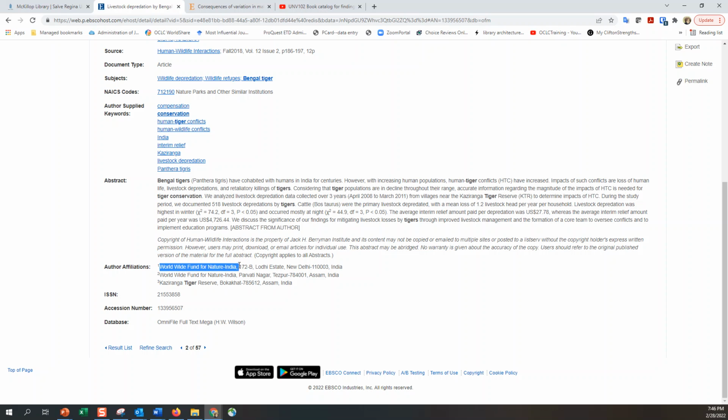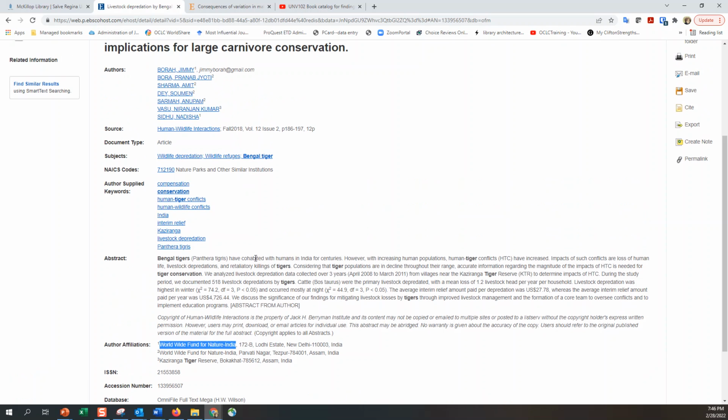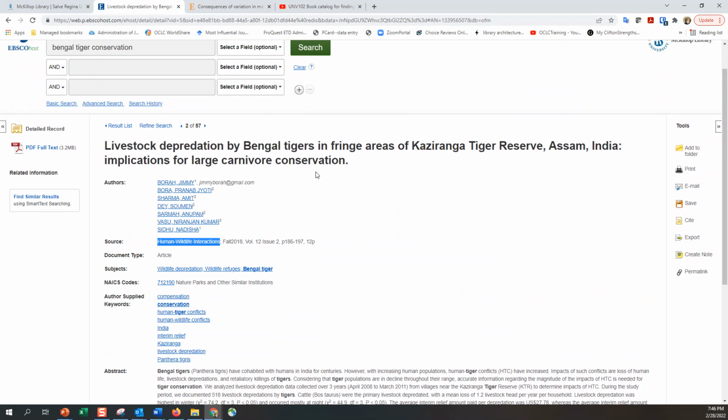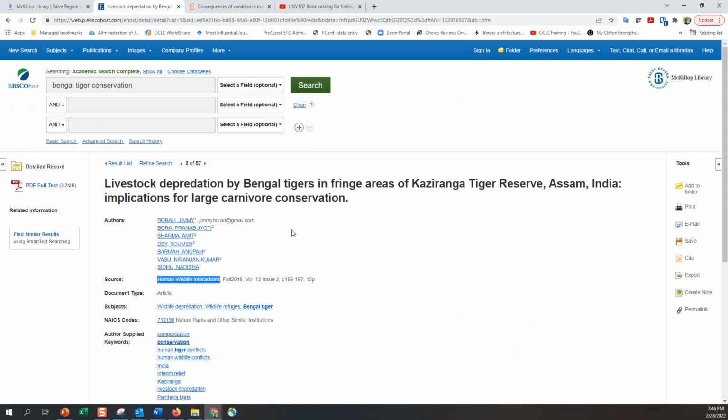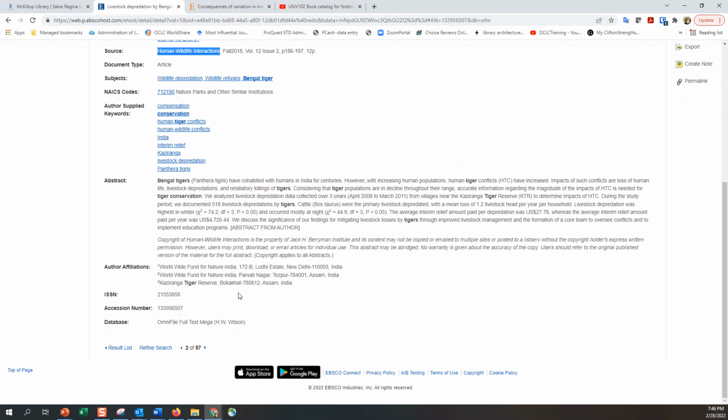So this organization, it's the Worldwide Fund for Nature in India, and they're in the journal Human Wildlife Interactions in this database. So peer-reviewed. And this person, while not associated with a research institution, is apparently affiliated with a different organization.